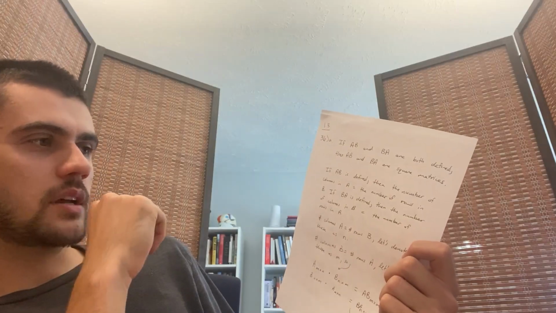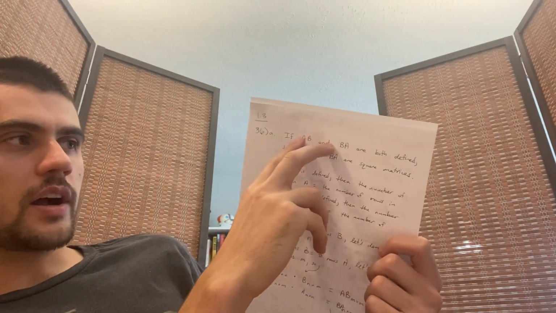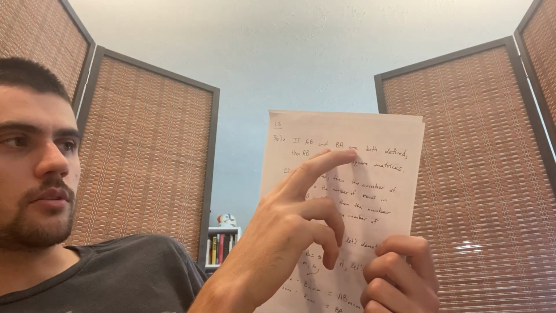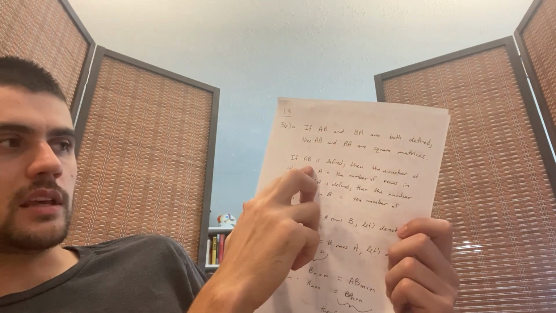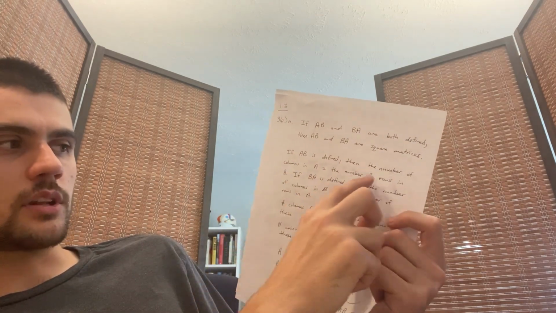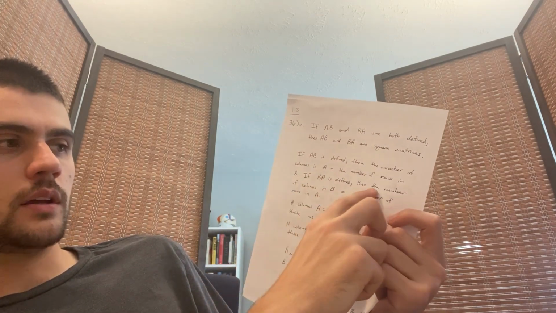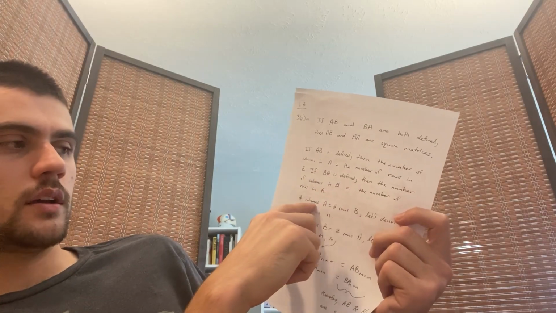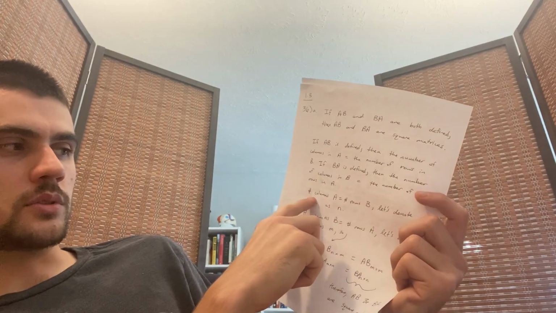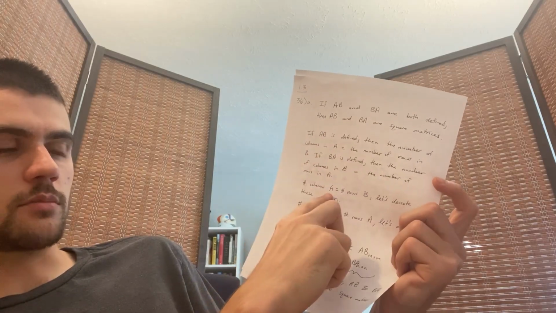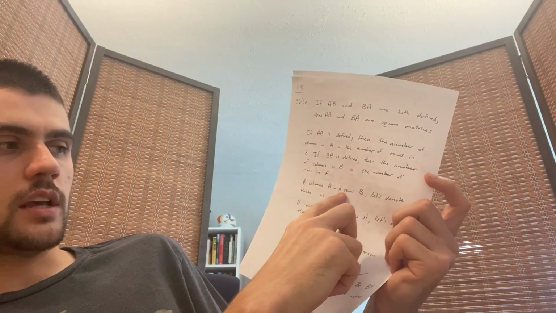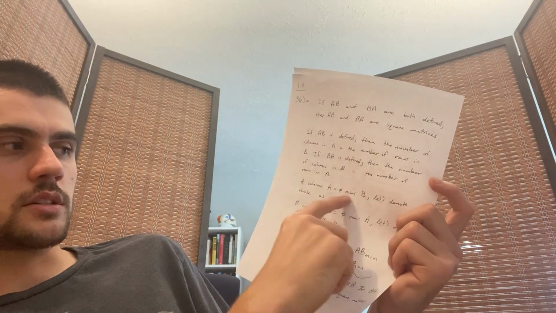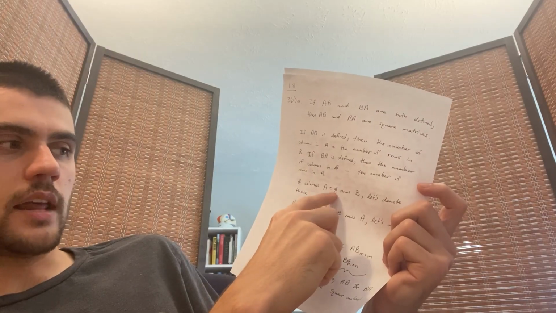Basically I'm saying, since they're defined, we know that for AB, the number of columns of A is going to equal the number of rows in B, and for BA, the number of columns in B is going to equal the number of rows in A. We'll denote the number of columns of A, which equals the number of rows of B, as n.